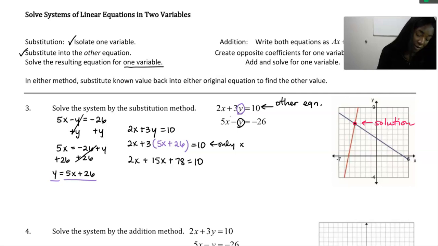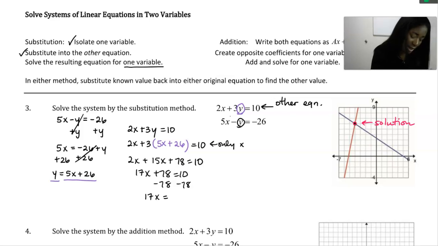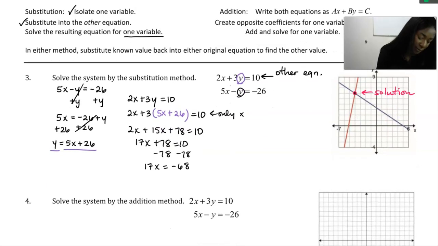I'm going to combine the 2 and the 15 to give me a 17x, plus 78 is equal to 10. I'm going to subtract 78 from both sides of the equation to get that 17x is equal to -68. And then I will divide both sides of that equation by 17 to get x by itself. And -68 divided by 17 is -4. So now I can see that x is -4.